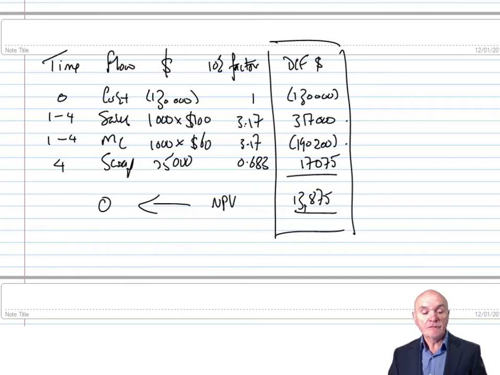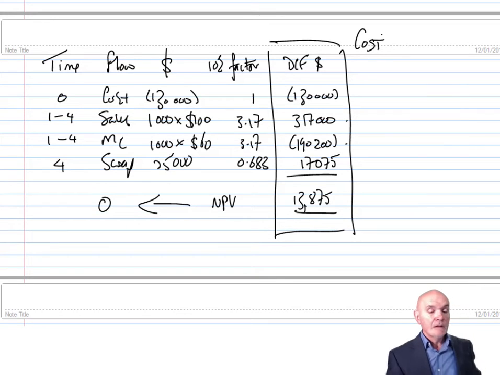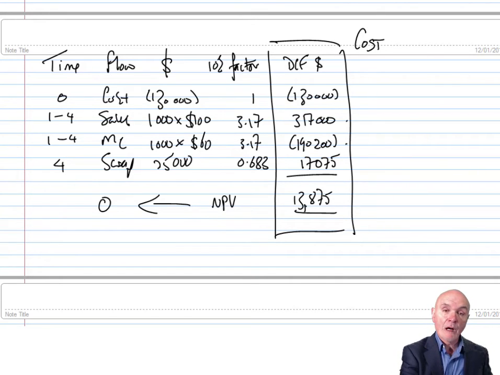So let's first of all think of the initial cost. How sensitive is our decision to go ahead with the project? How sensitive is it to cost? I think you can see that if this cost were to rise by 13,875, if this became 143,875, then the net present value would be 0.